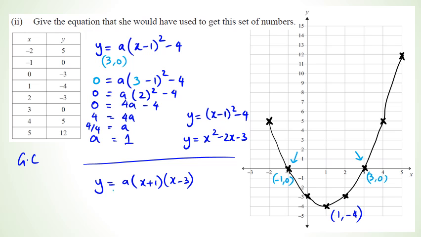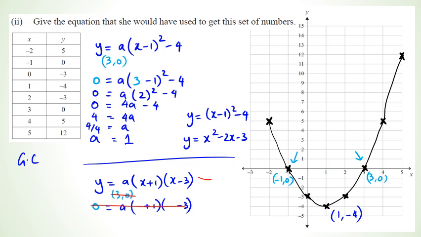All right, I'll show it to you. The problem with this, though, is if I use 3, 0, I'll actually get a value of 0, so I shouldn't really use that point. Don't use 3 and 0 in this case.